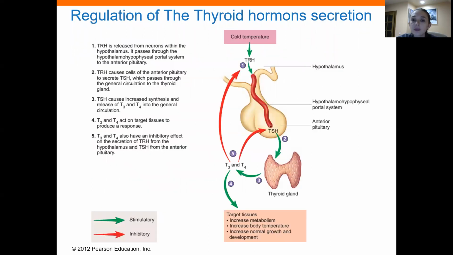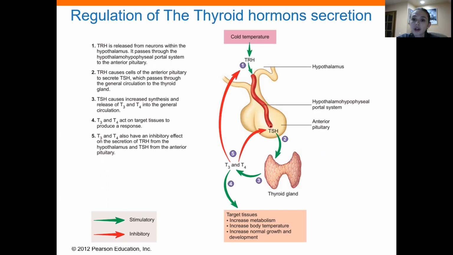How is the production of the thyroid hormones happening? First of all, for producing thyroid hormones, we require some kind of stimulus. The stimulus for production of the thyroid hormones is temperature. Cold temperature is a stimulus.